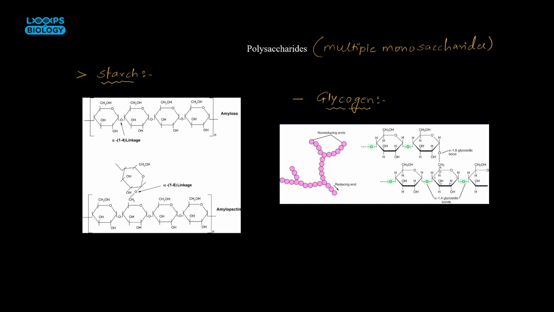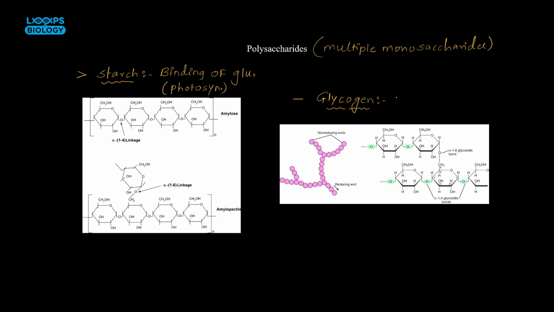Starch is basically a component which is formed within a plant. During photosynthesis there is a formation of glucose, and finally the glucose molecules are bound together to form starch. This takes place only in plants.